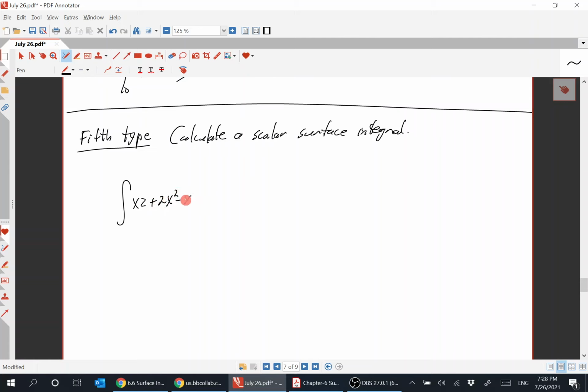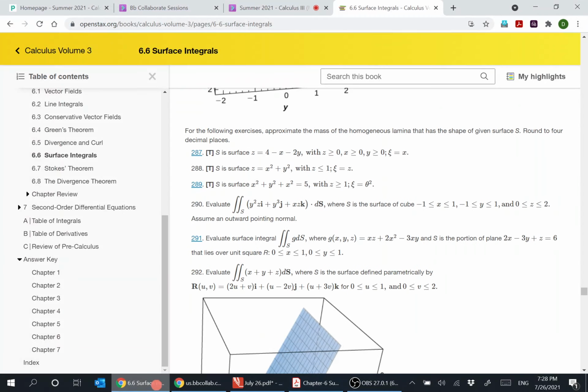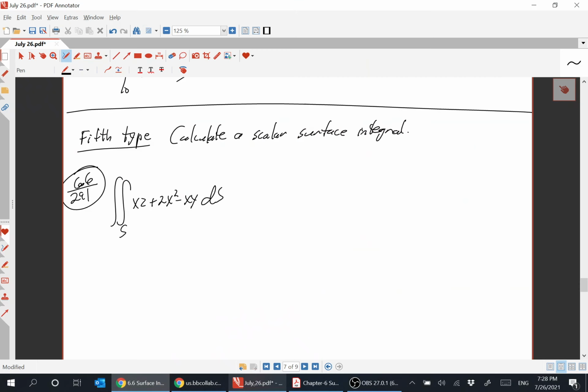Where S is the plane, so calculate this.